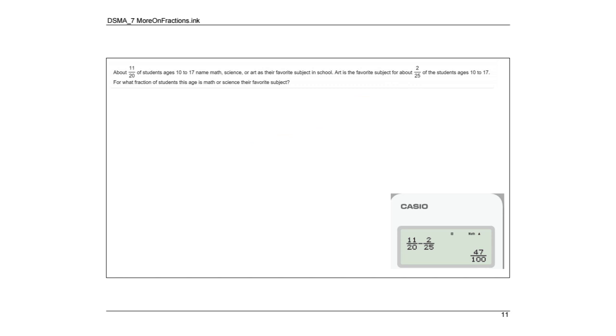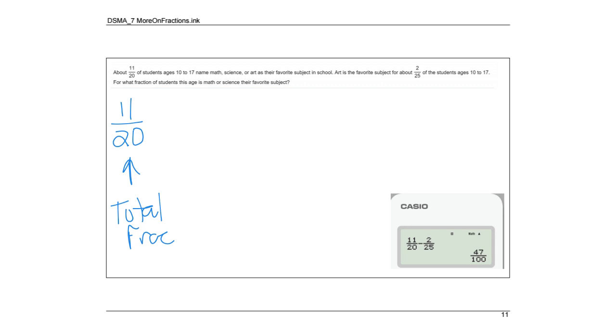All right, this one is worded a little bit crazy, but let's take a look. We've got 11 over 20 is the fraction of students ages 10 to 17 that say that either math, science, or art are their favorite subject in school. They only get to pick one. Art is the favorite subject for about 2 over 25 fraction of students that same age. So they want to know what's left. So the total, 11 over 20, is the total fraction of students that name either math, science, or art as their favorite subject.